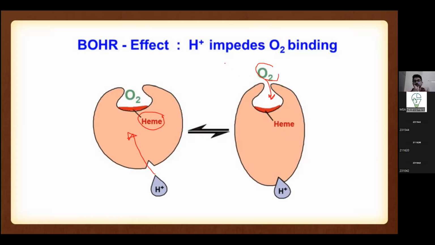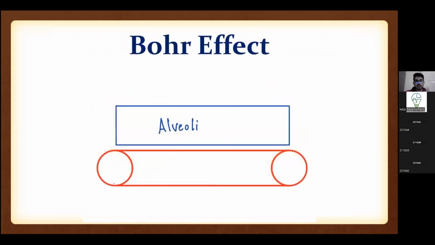However, this effect is very important because it has very important implications in our bodies. The first one is in the alveoli. You can see that the mixed venous blood comes here, and it has CO2. Now CO2 is going to diffuse from the capillary to the alveoli due to a pressure gradient.